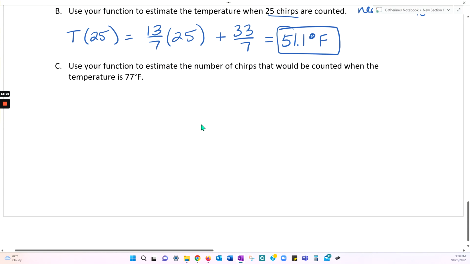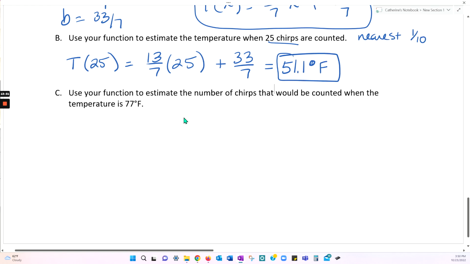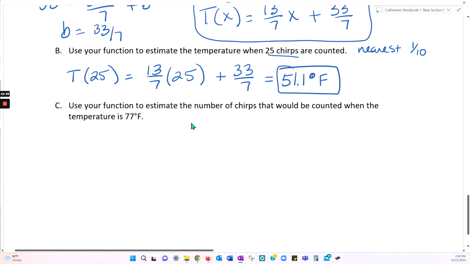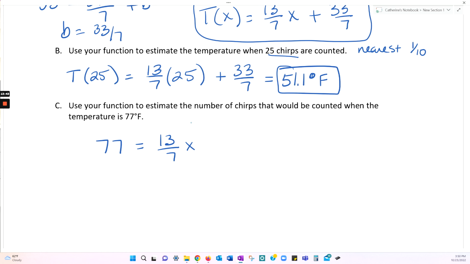And part C, use your function to estimate the number of chirps that would be counted when the temperature is 77 degrees Fahrenheit. So now we're setting 77 equal to our function, 13/7 x plus 33 over 7. So I'm going to start by multiplying both sides by 7.